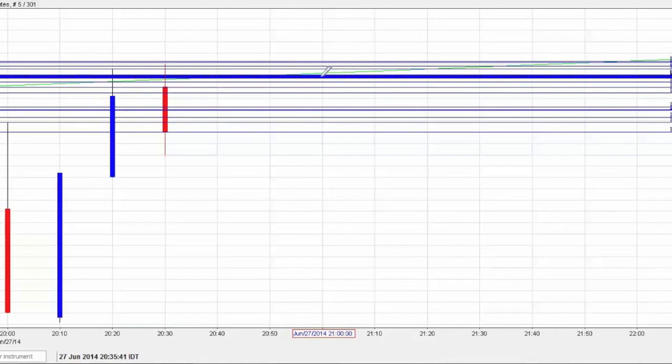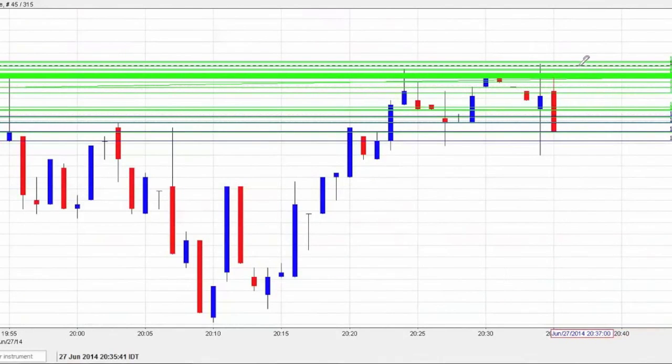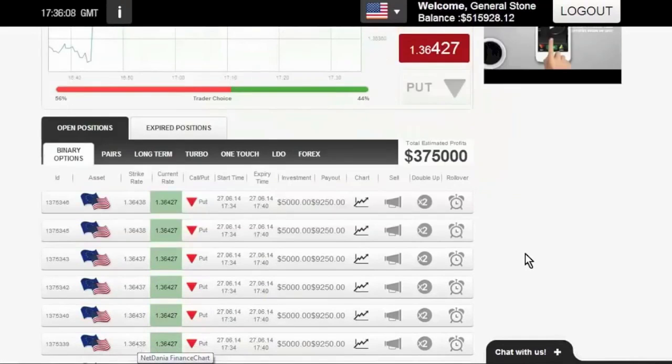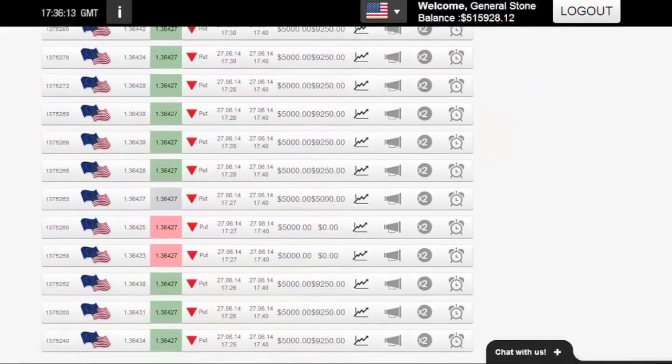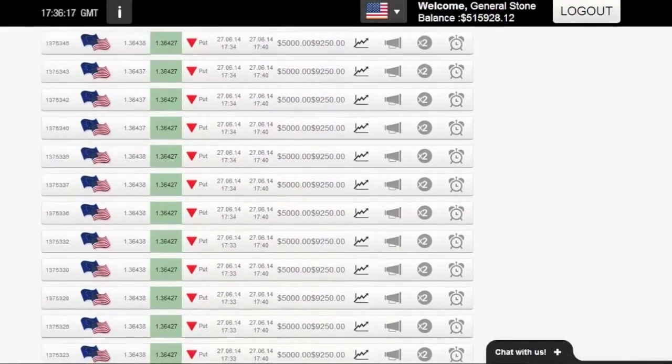So you can see large majority of my open risk is way above where the current market price is. And if I go over to that 1 minute view, you can see all of these trades currently in the money, prices all the way down here. And if I flip back to the trading platform, you can see, as I show you here, all of the positions, apart from just 2 or 3 at the lower level, are now green and in the money.